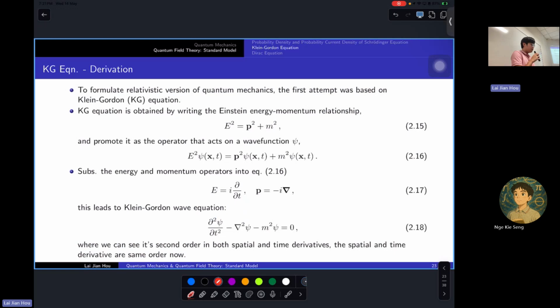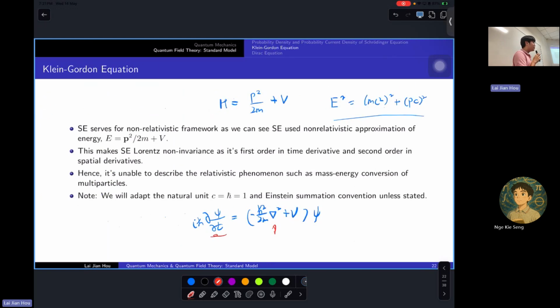One of the approaches to correct this, unless said otherwise.